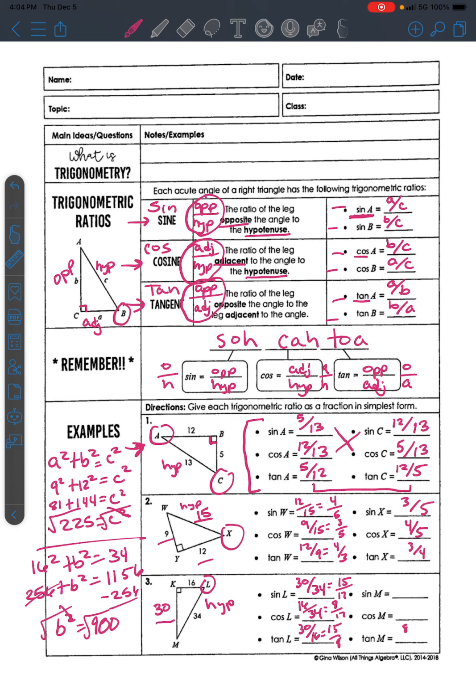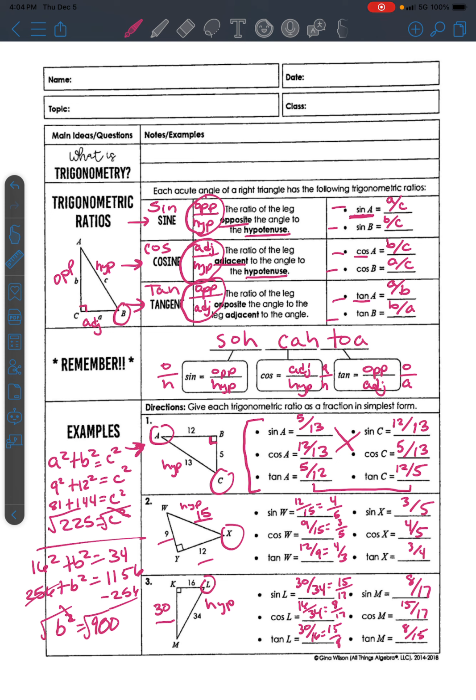Then I can just flip that one for that tangent. I can put the sine of L over to cosine of M, and cosine of L over to sine of M.